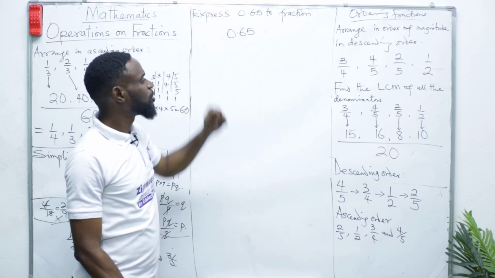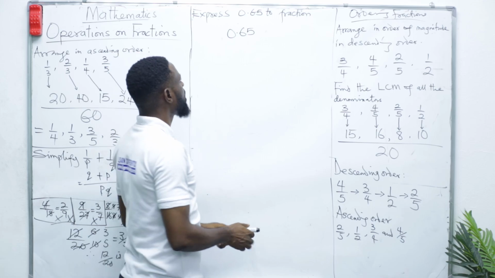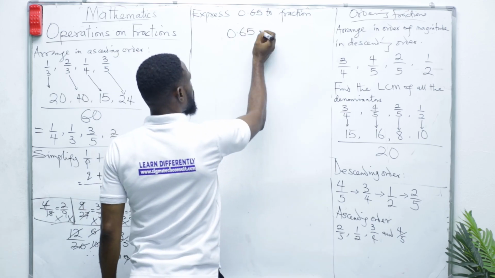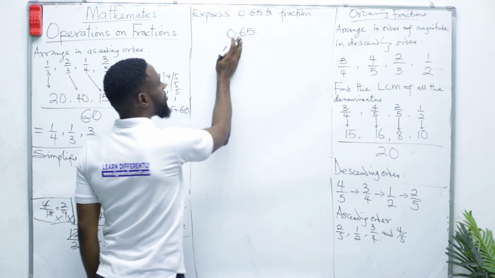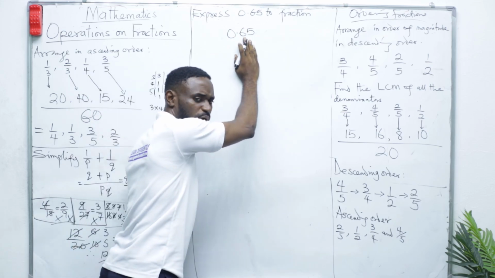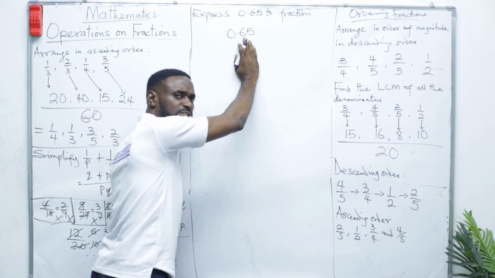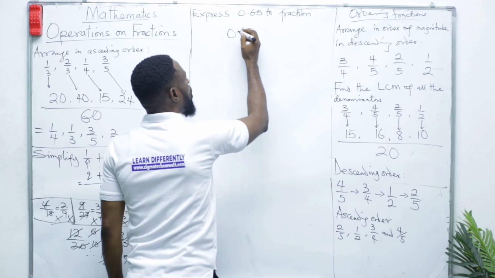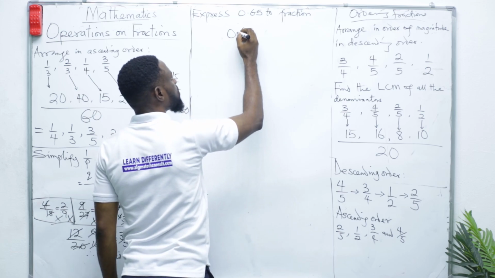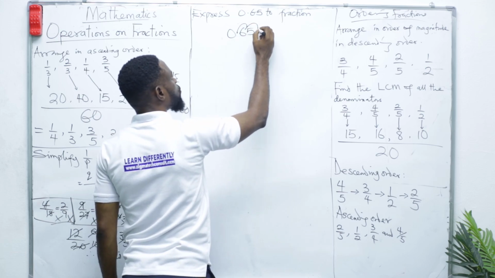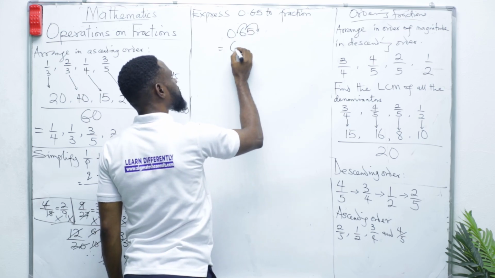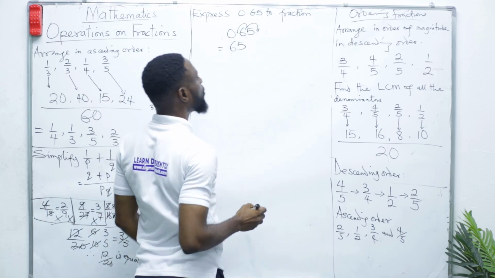Do you understand that? So to do that, we move this decimal point forward, so that this 0 can be out and 65 will be a number of its own without a decimal point. Do you understand the point now? So we move it 1, 2. This decimal point now comes here so that 65 can now be alone.